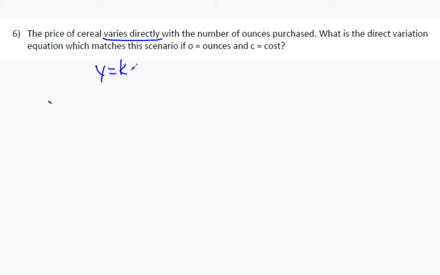K is just some number, and y and x are two variables. There can't be any plus or minus, which means this is a proportional linear equation.